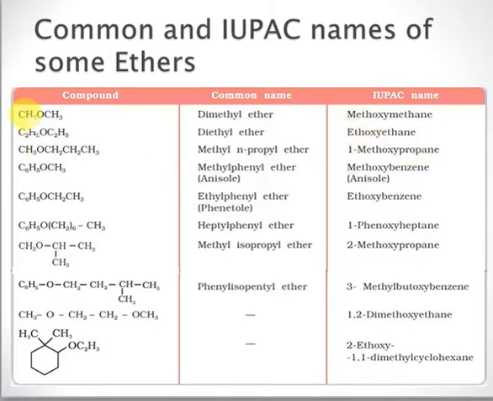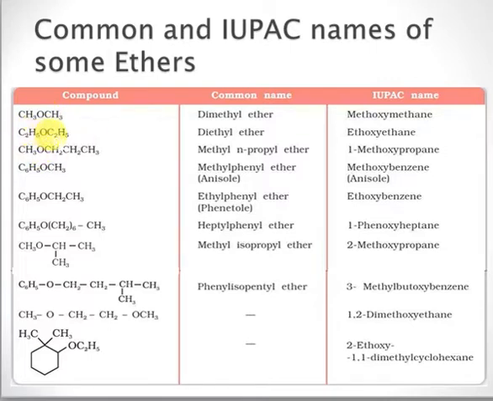For example, consider two methyl groups. These are the same, so this is a simple ether. The common name for that will be dimethyl ether. But in case of the IUPAC name, we consider one group as alkoxy, so we say this is methoxy and the next part becomes the alkane, so it is methoxymethane.